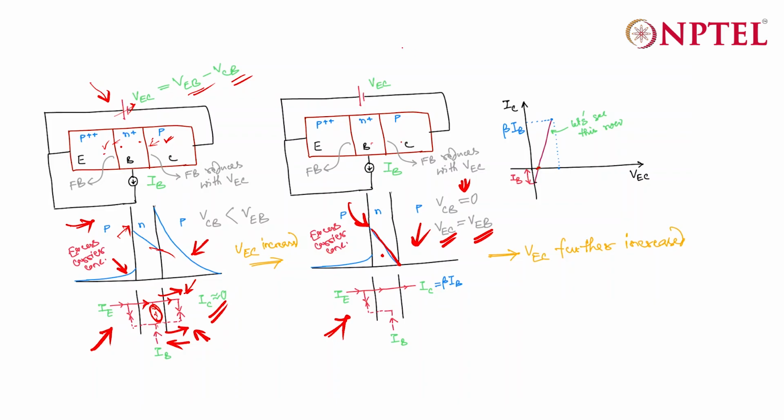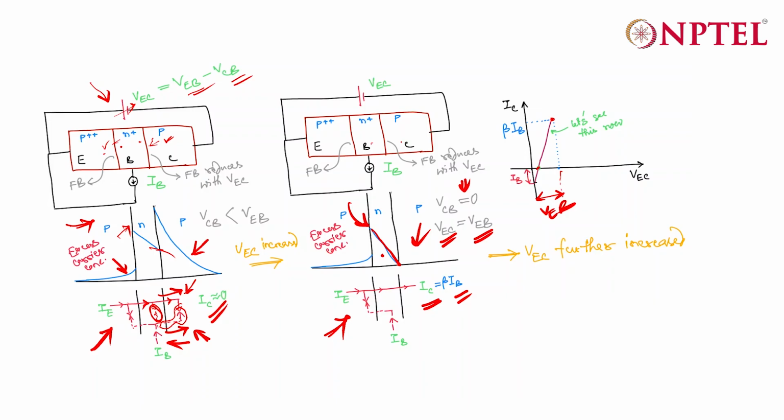And as your excess carrier concentration in the collector region is now 0, this flow will not be there because there is no excess carriers present. So you'll have a value of IC, which is nothing but beta IB. So at a point when your VEC is equal to VEB, you'll find the collector current is beta IB.